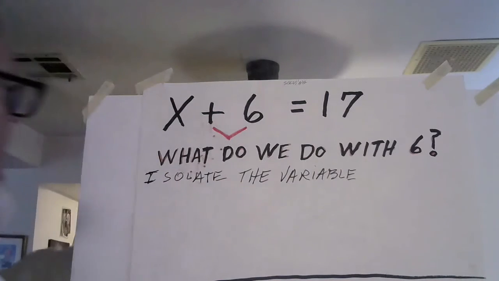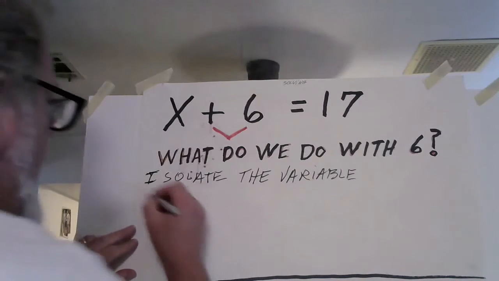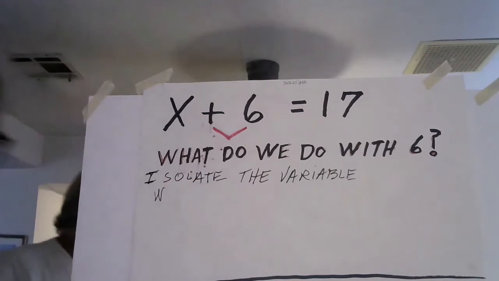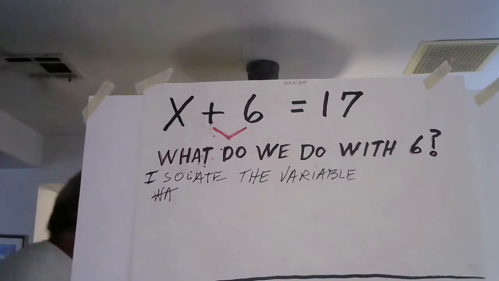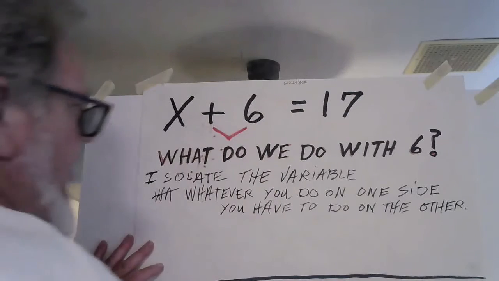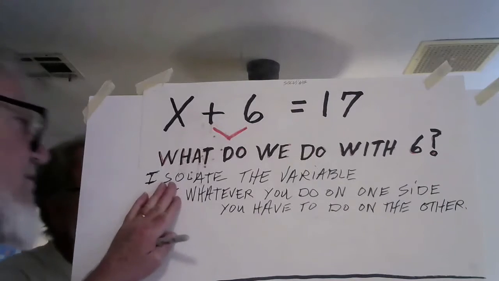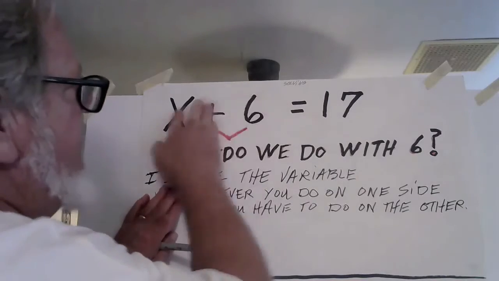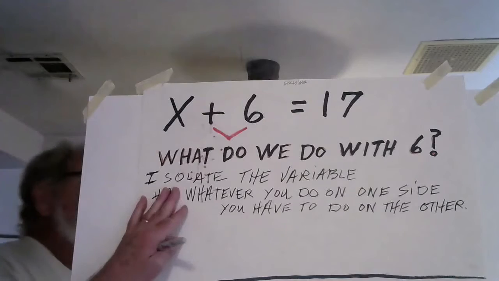But the main thing is, whatever you do on one side, this is the other law of algebra that you absolutely need to stick in your brain. Isolate the variable. Whatever you do on one side of the equation, you have to do on the other side. That's the main dealio.